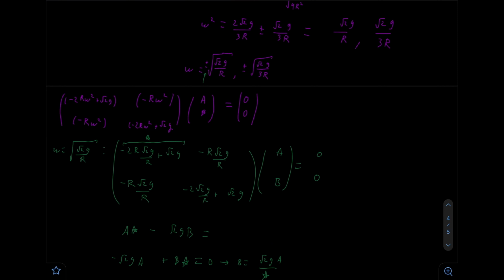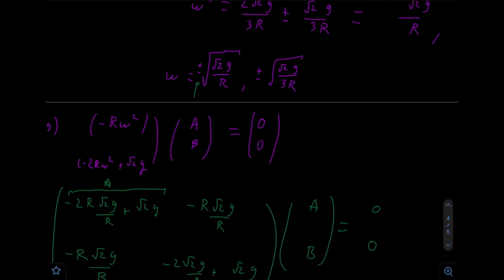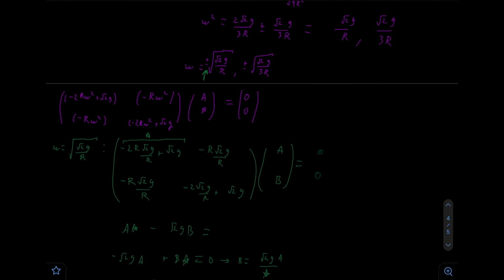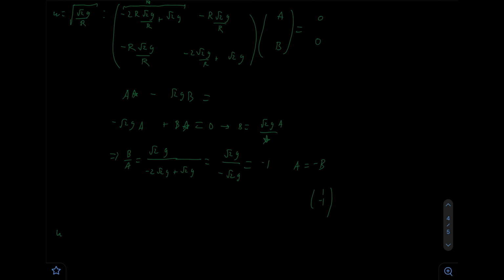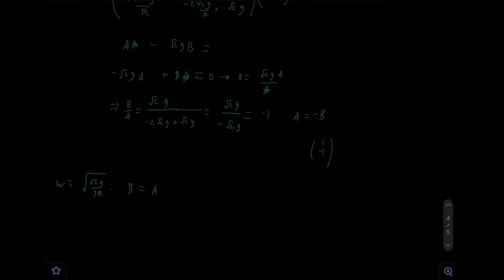We know that the negative out in front will also give us the same normal mode. And if you plug in omega is equal to the square root of root 2g over 3r, then you can do the math. You'll get b is equal to a. Our normal coordinate is x plus y. The normal mode is this vector 1, 1.